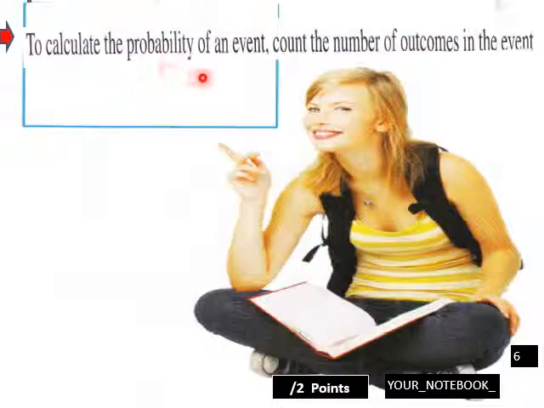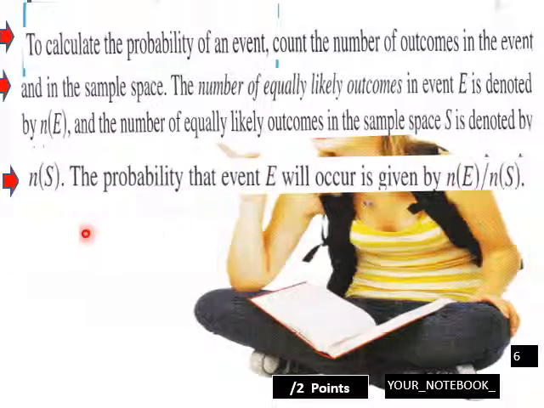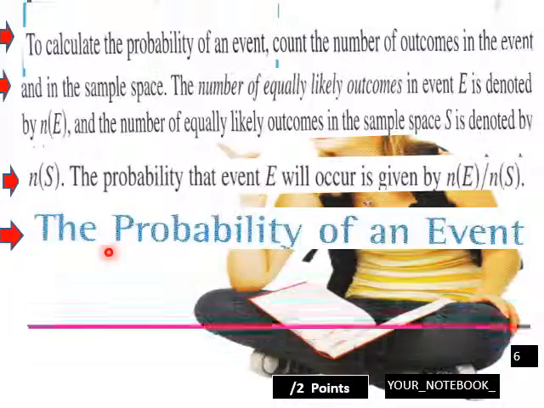To calculate the probability of an event, count the number of outcomes in the event and in the sample space. The number of equally likely outcomes in event E is denoted by n(E), and the number of equally likely outcomes in the sample space S is denoted by n(S). The probability that event E will occur is given by n(E) divided by n(S).